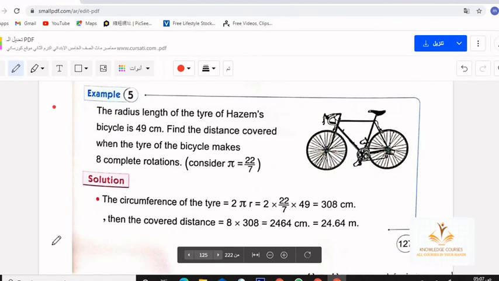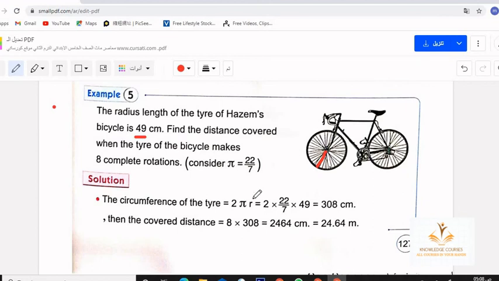Example: the radius of the wheel of Hamza's bicycle, radius equals 49. So the circumference equals 2 pi r equals 2 multiply 22 over 7 multiply 49 equals 308 centimeter.